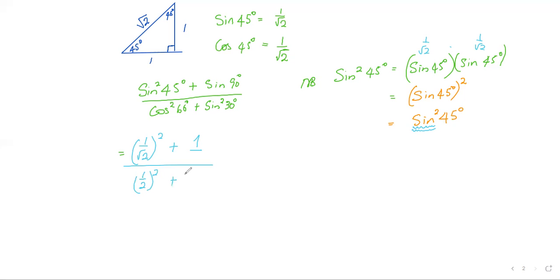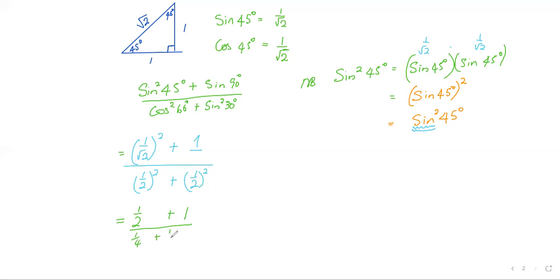We have 1/2 squared. This gives us 1 multiplied by 1 is 1, √2 multiplied by √2 is 2. 1 half squared is a quarter.